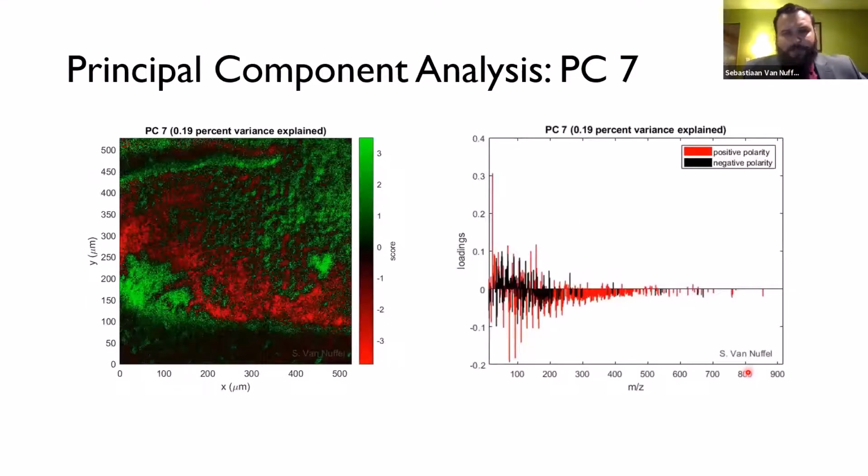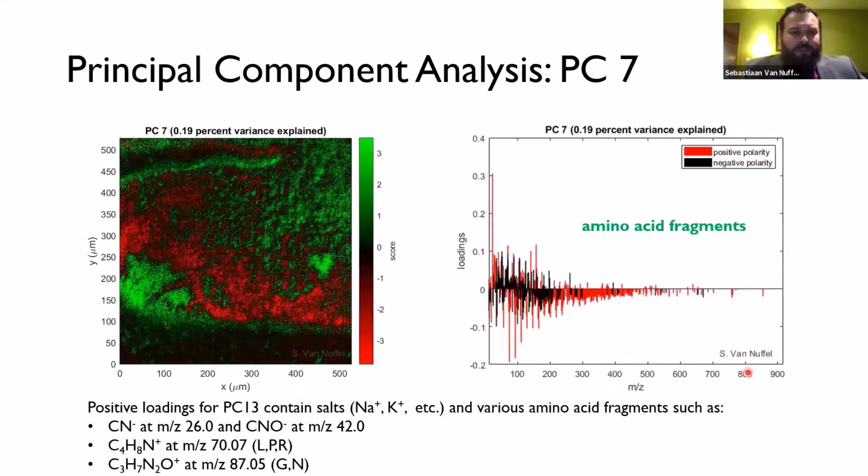Then when we delve a little bit deeper into our data, for example, principal component number 7, we see that the positive loadings correspond to an amino acid signal. So in the negative polarity, we can see CN- and CNO- correspond to the peptide backbone. And we can also find residues for individual amino acids.